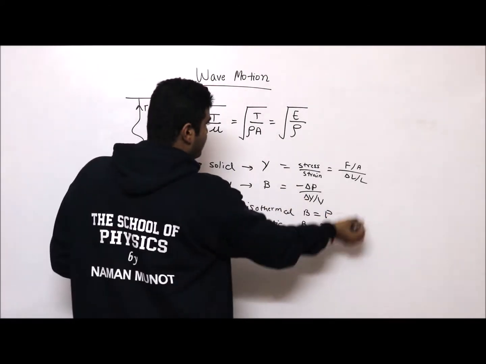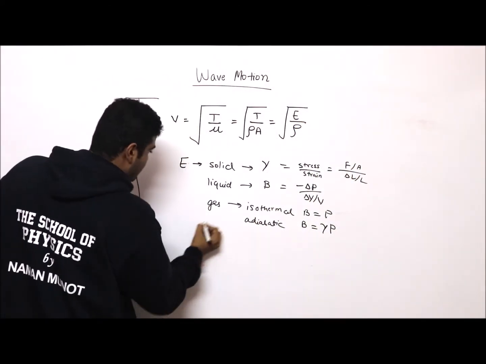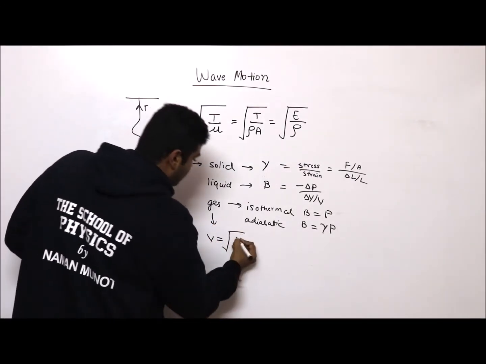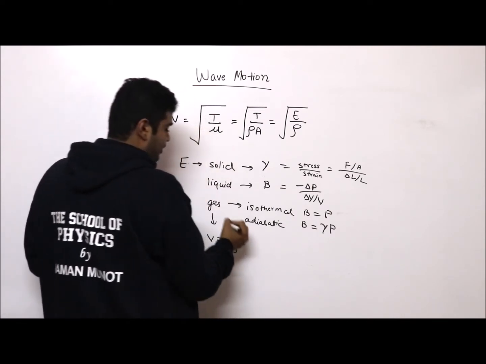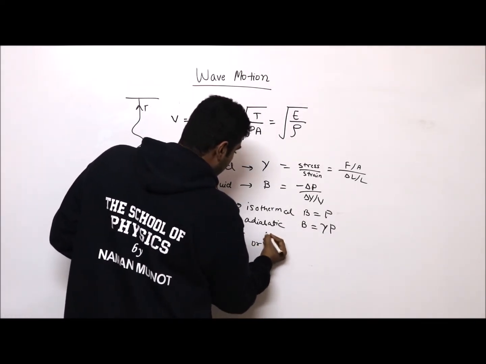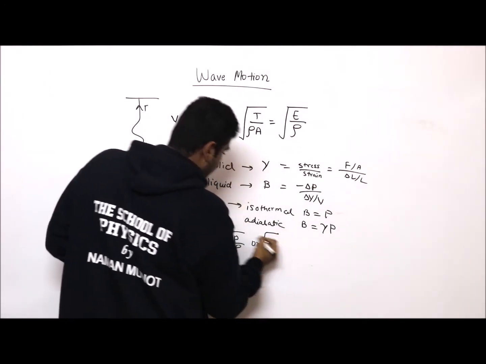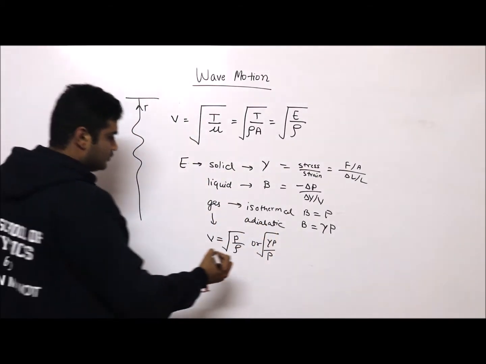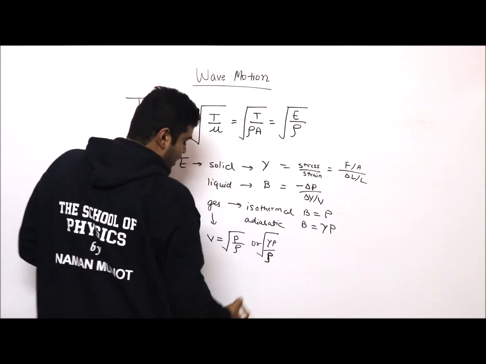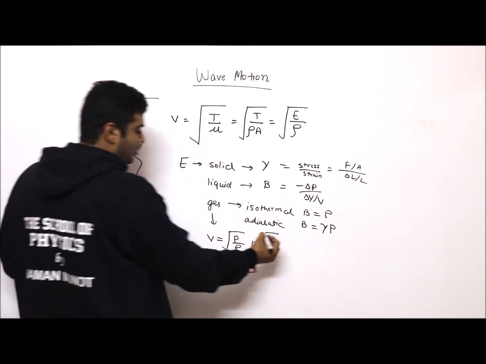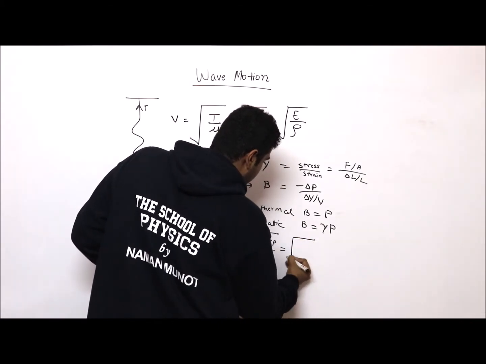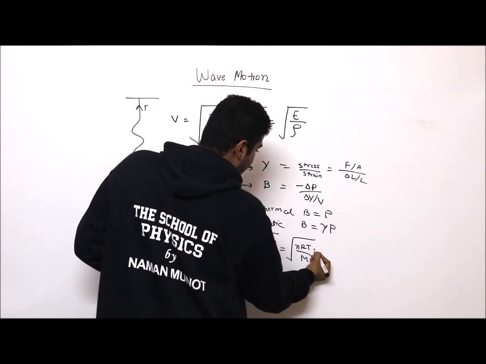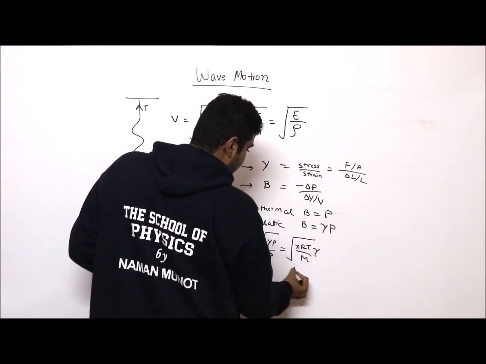So when we put this here, for gases the wave velocity is equal to under root of P by rho for isothermal, and under root of gamma P by rho for adiabatic. P by rho can also be written as nRT upon M.